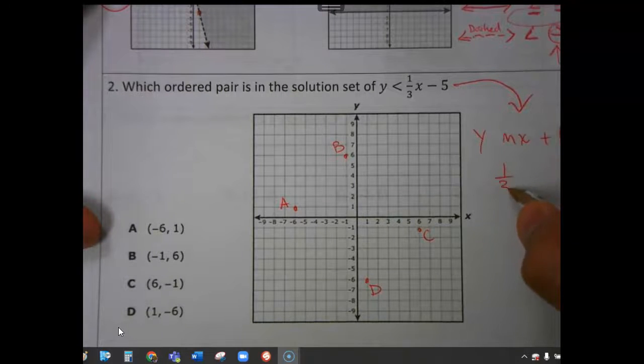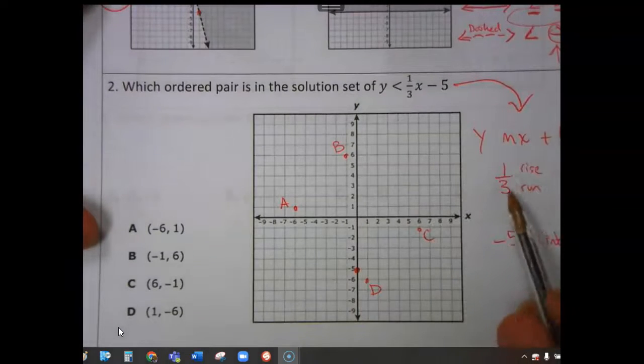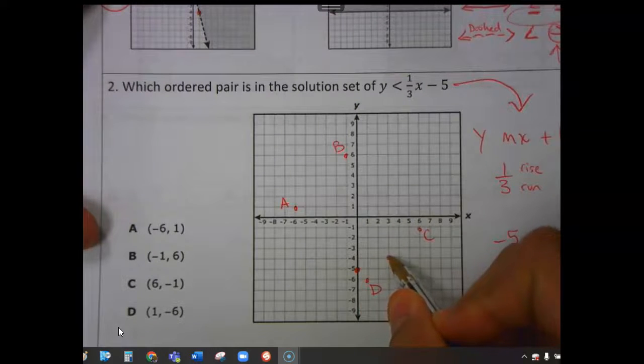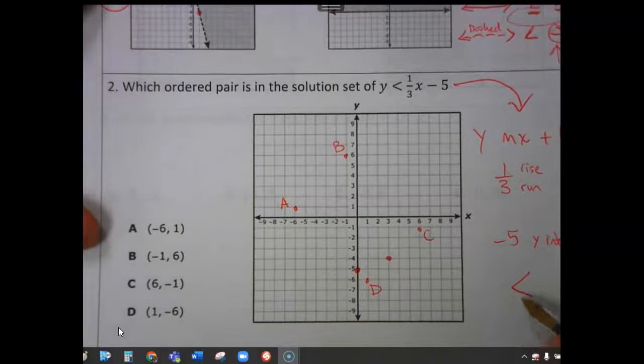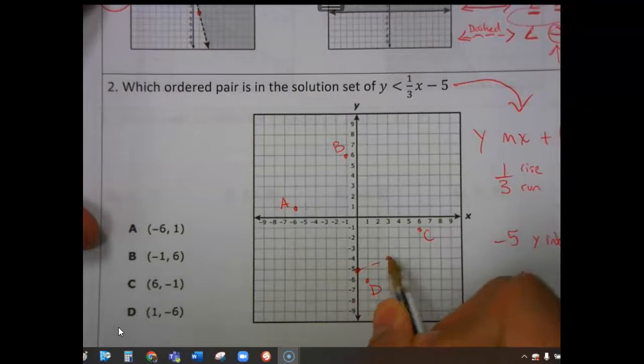If the m is 1/3, that's rise 1, run 3. And then negative 5 is your y-intercept. So you could put a point at negative 5, rise 1, run 3. And since it's less than, it's dashed, because it's not underlined. So you can put a dashed line through this.